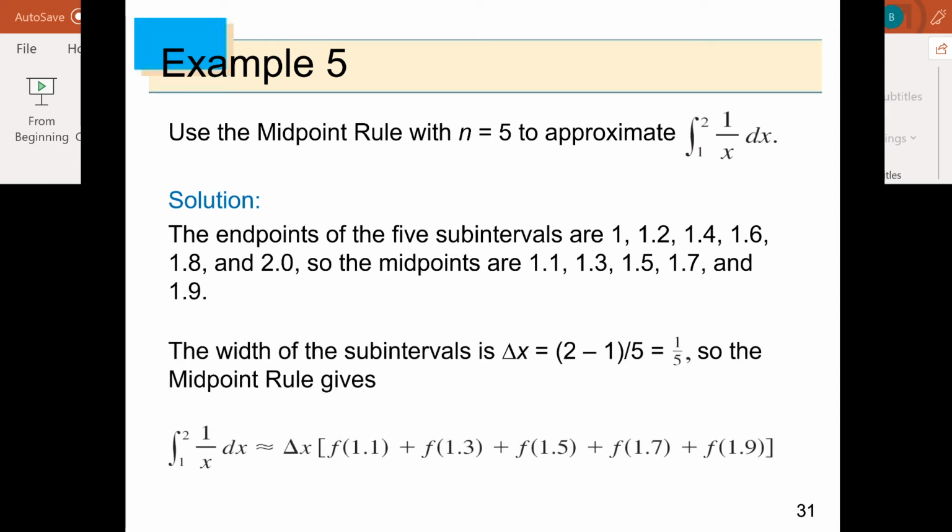So using the midpoint rule, another thing that you want to find out is the width. So for the width, again, using the exact same formula that we just mentioned, we got b minus a over n, so it's 1/5. So the midpoint rule gives delta x times f of 1.1 plus f of 1.3 plus f of 1.5, and so on and so forth.